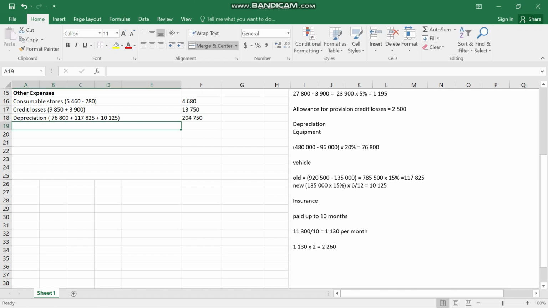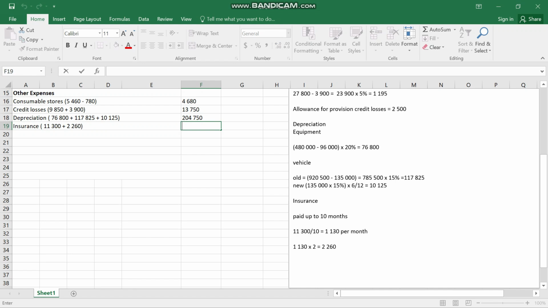Then you come here, since there's a shortfall, we didn't pay for advance insurance, 11,300. Adding down expenses, this should give you the remaining amount, which is also 13,500.